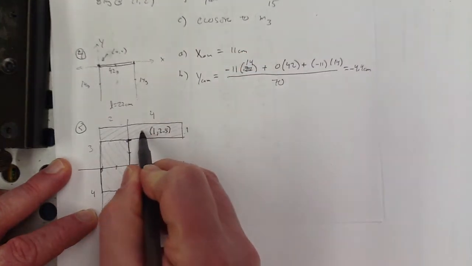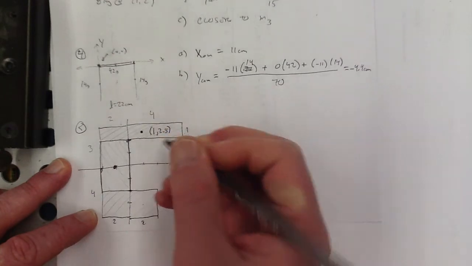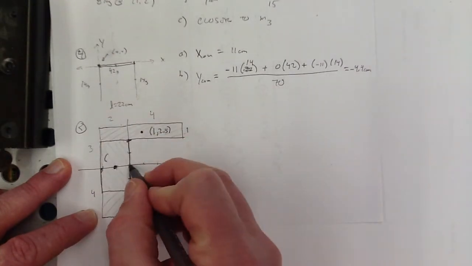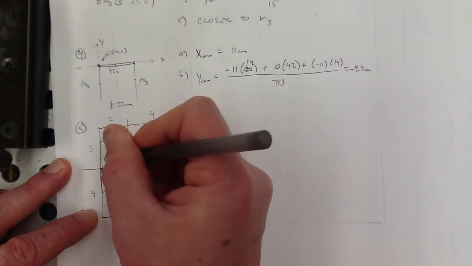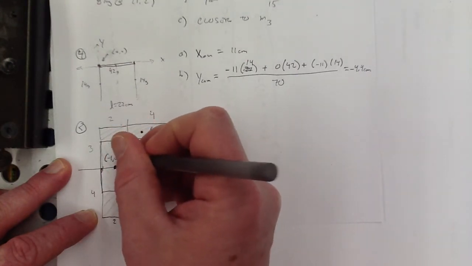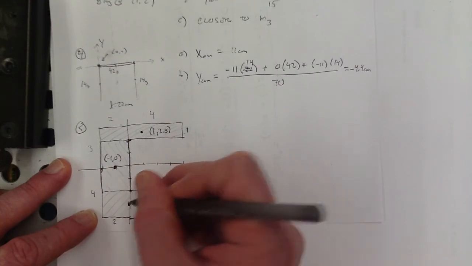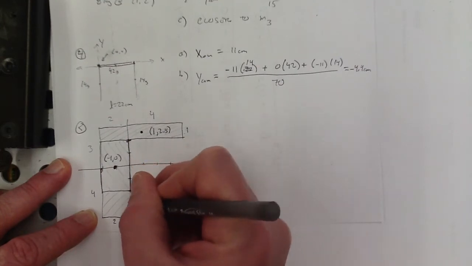It's just in the middle of this rectangle. And here, this is at -1, 0. And here, that center is at 0, -3.